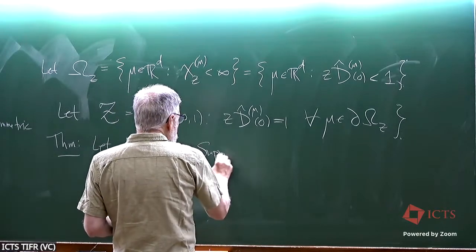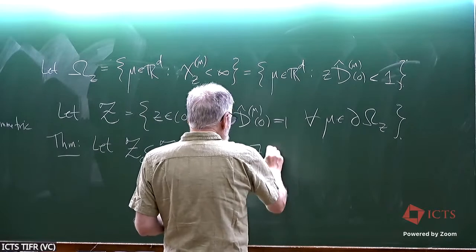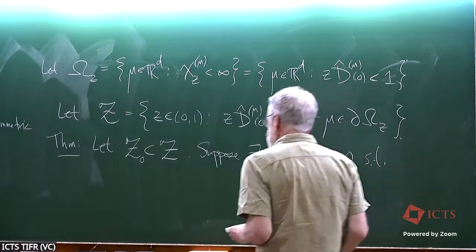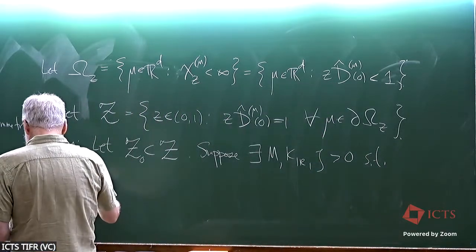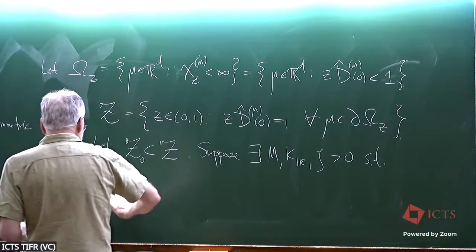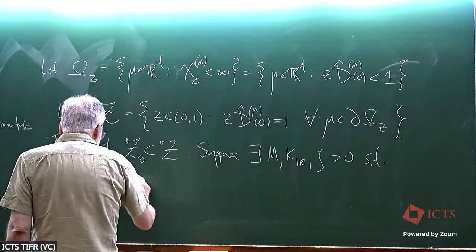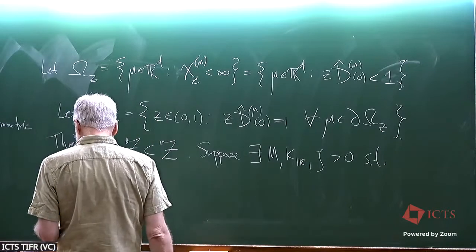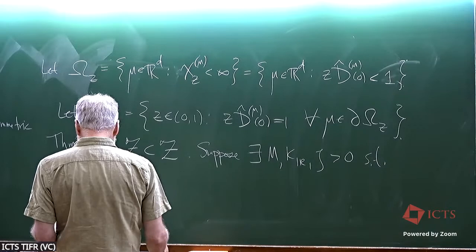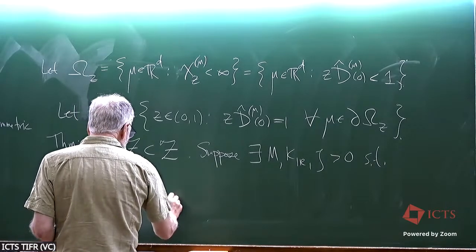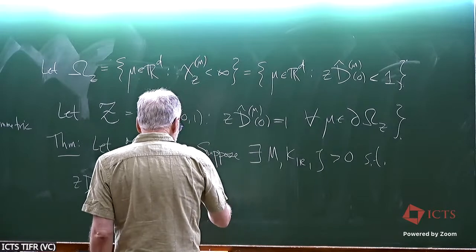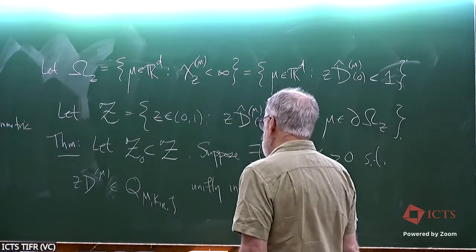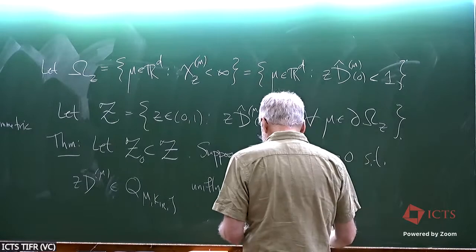And suppose that there exists M, K, I, R, and zeta greater than 0, such that this z D hat mu of 0, the tilted D times z, is in this Q_{M,K,I,R,zeta} uniformly in z in this good set of z's, Z naught, and in mu.